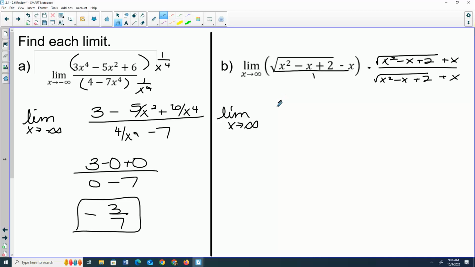Okay, when you multiply those radicals, they drop. Conjugate, outside and inside cancel. Minus x times x is x squared over my denominator.